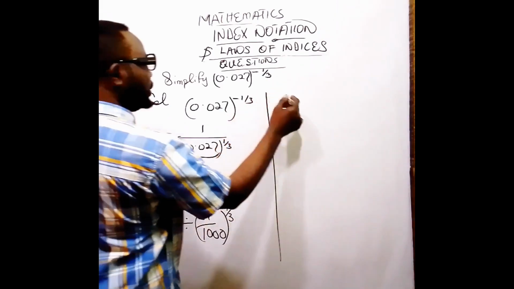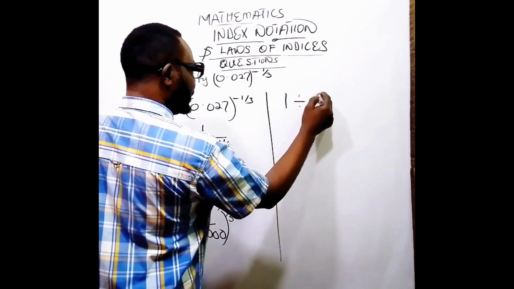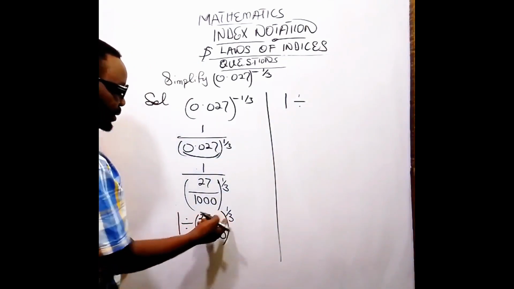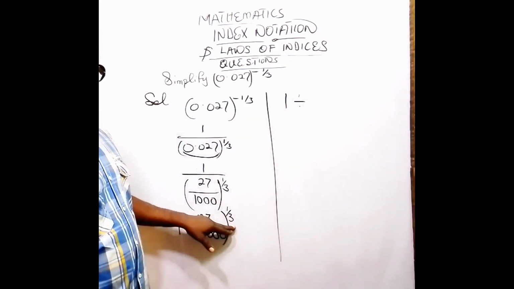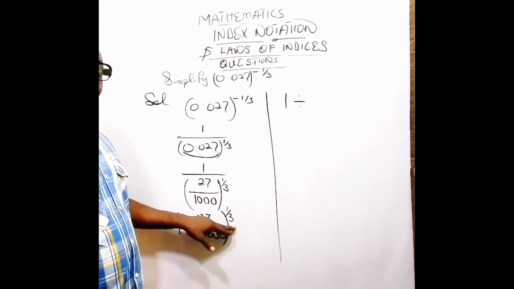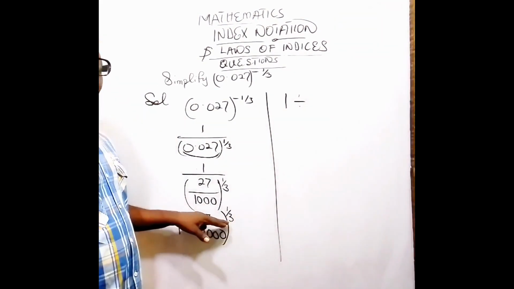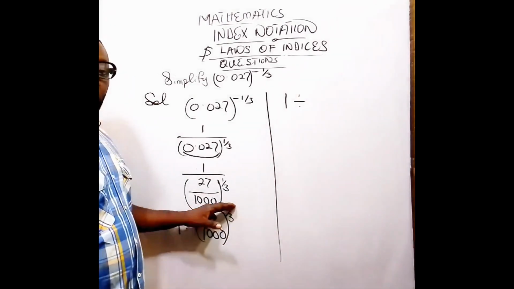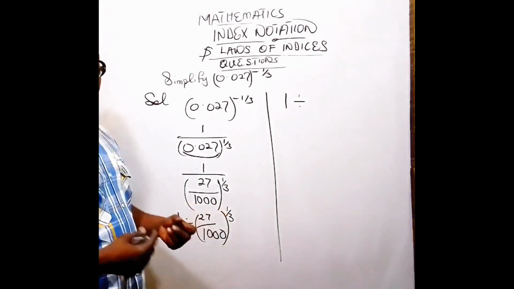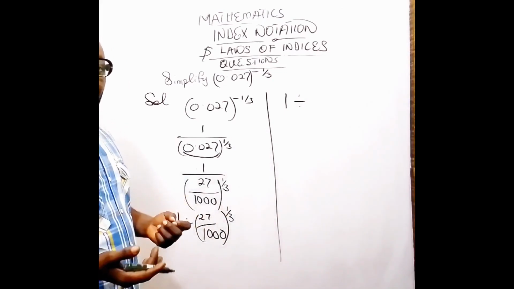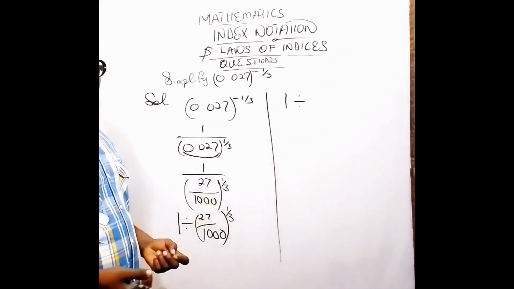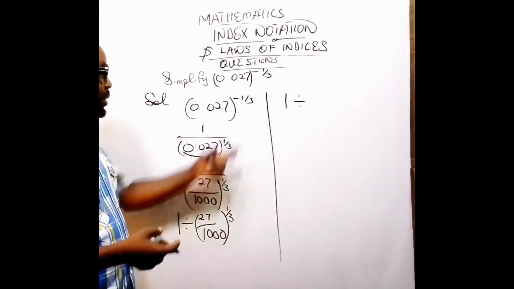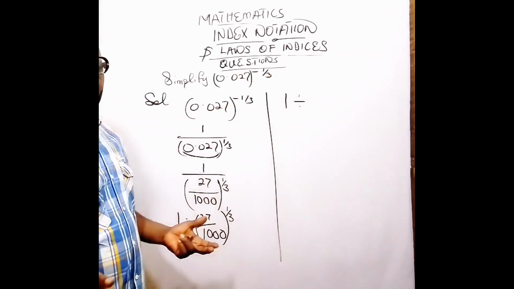Don't forget that when we have a fraction at the power level, the denominator will be the one that forms the root, while the numerator will be the power. Since we have 1 as numerator here, we don't need to write it. But if you have any other value, like 2 or 3, you can put it at the power.